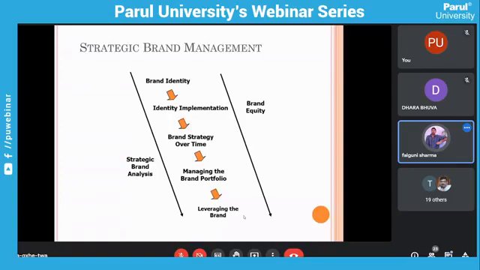Then identity implementation. So what does identity implementation mean? Basically, if somebody has their individuality and some recognition, be it a name, logo or symbol, where we have to use it and how we have to use it is what implementation covers. This is followed by brand strategy over time.